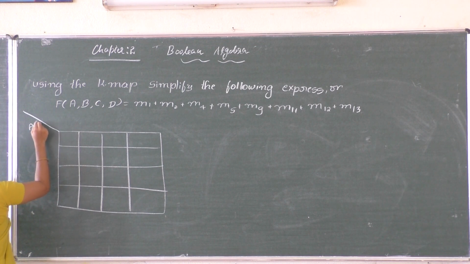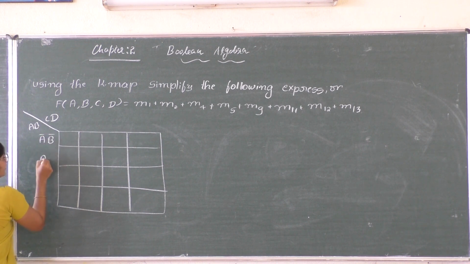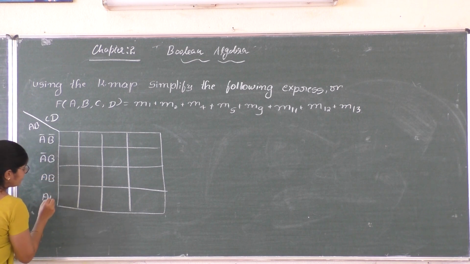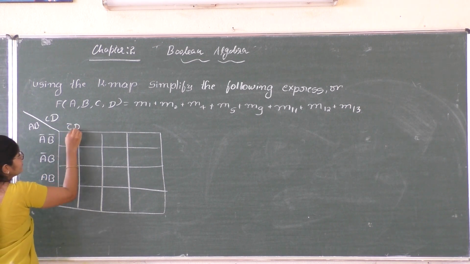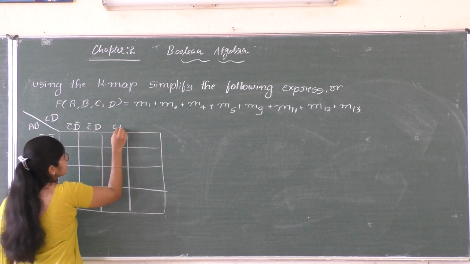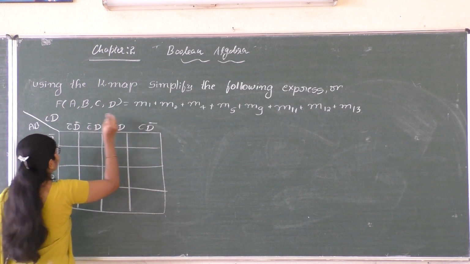Variables are A, B, C, D. A bar B bar, A bar B, A B, A B bar. Here C bar D bar, C bar D, C D, C D bar.